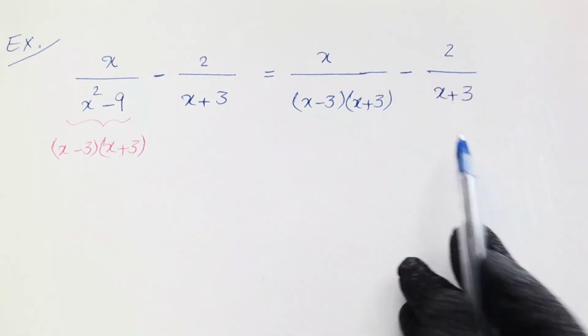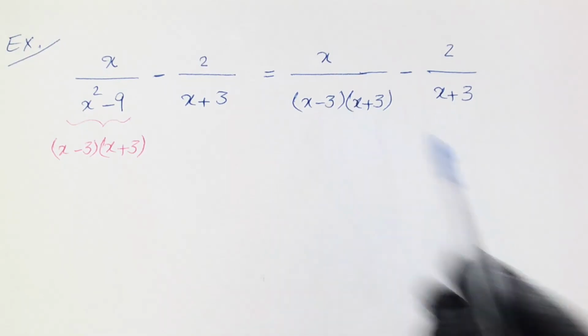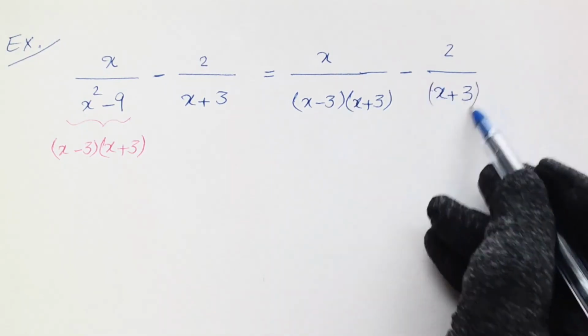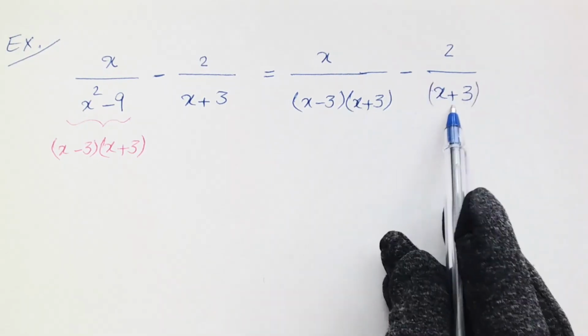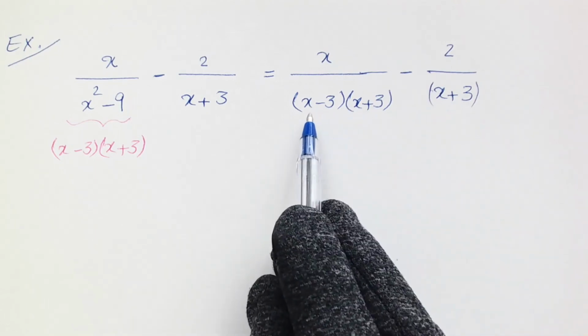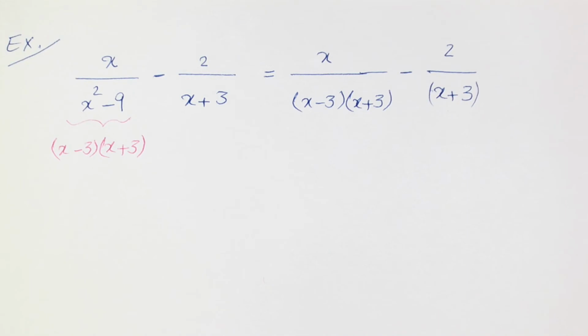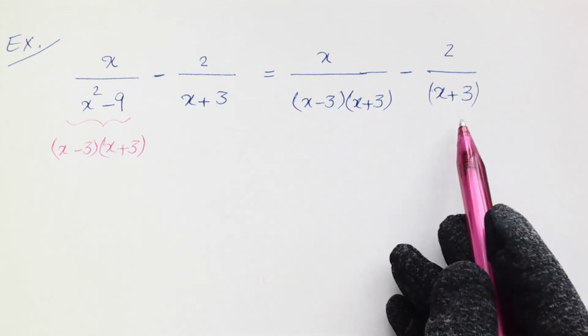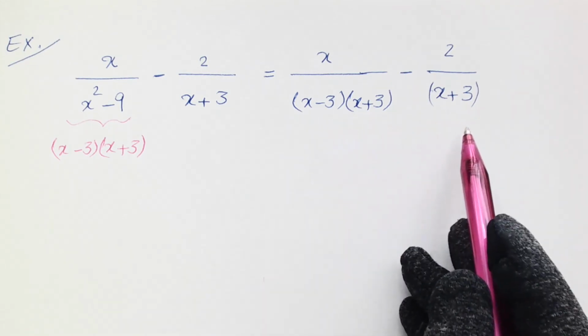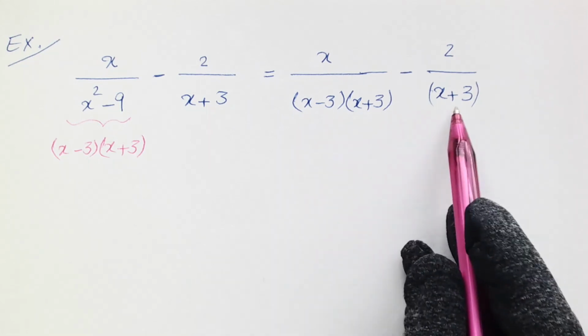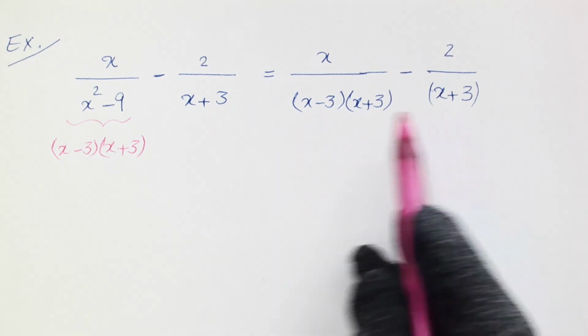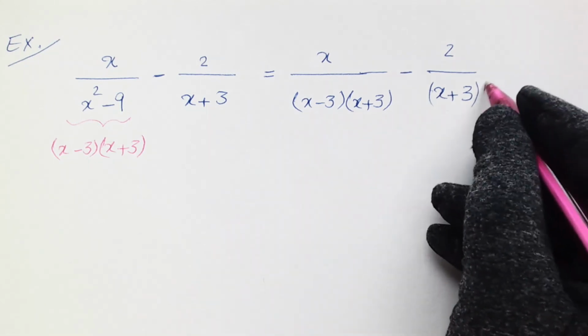If you compare the denominators of these two fractions, you see both have the factor x plus 3, but the first fraction has x minus 3 extra. We can add two fractions if they have exactly the same denominator. So I need to multiply the denominator of the second fraction by x minus 3.